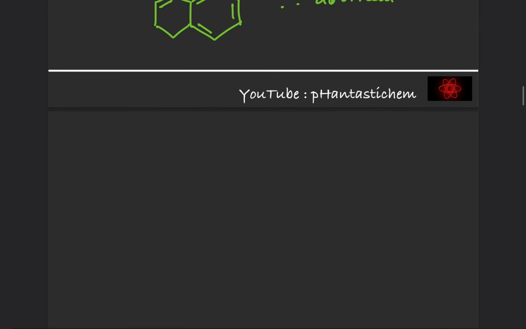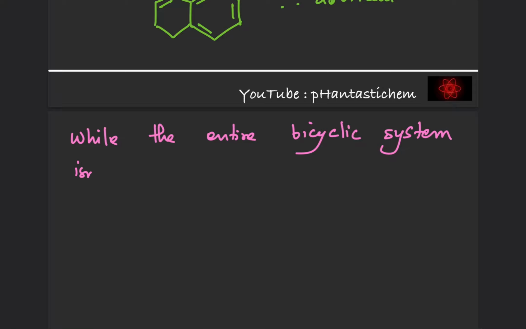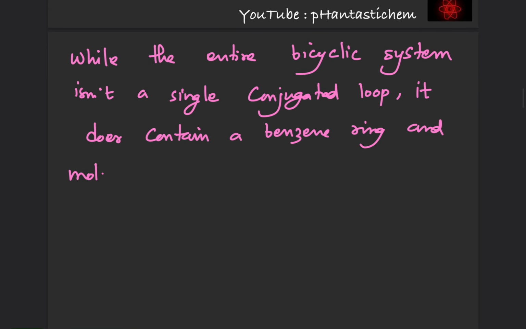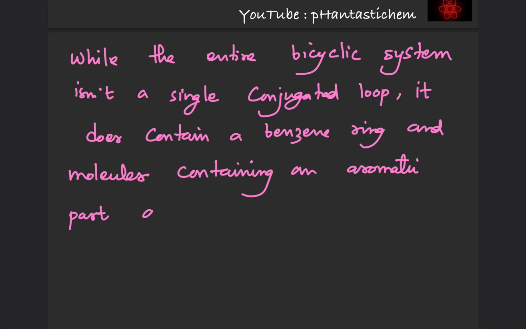So, a very important statement: while the entire bicyclic system isn't a single conjugated loop because of lack of conjugation, it does contain a benzene ring, and molecules containing an aromatic part are considered aromatic compounds.